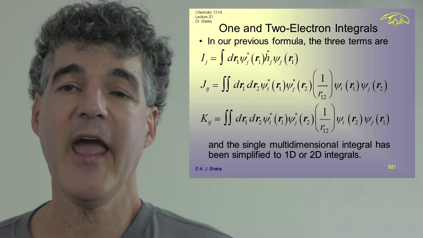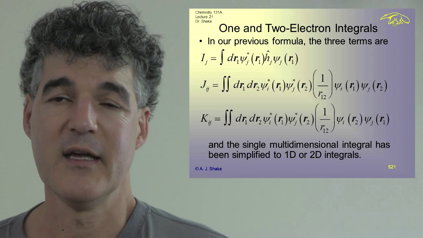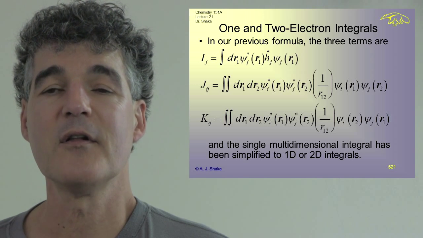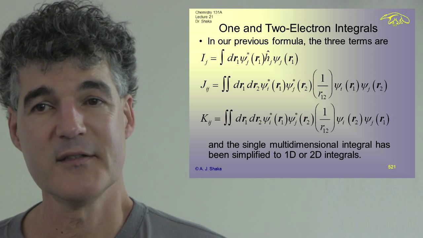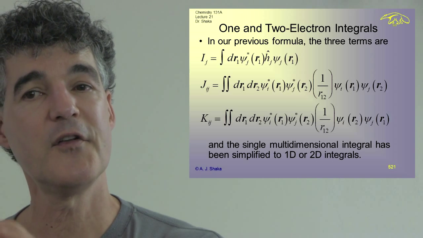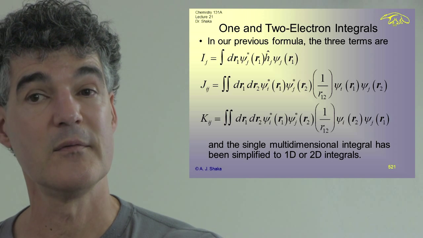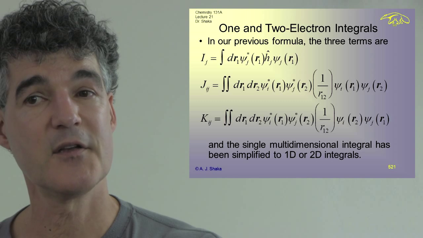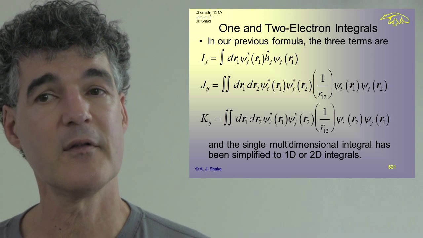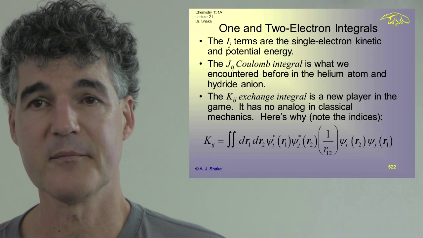And then K is an integral that's a new one. It's the integral of psi i star of R1, psi j star of R2, psi i of R2, not R1, psi j of R1. So that the indices are swapped in the second part.